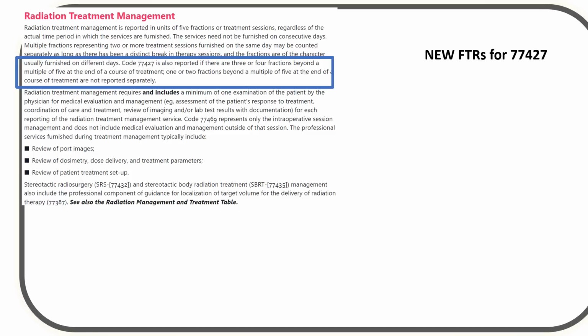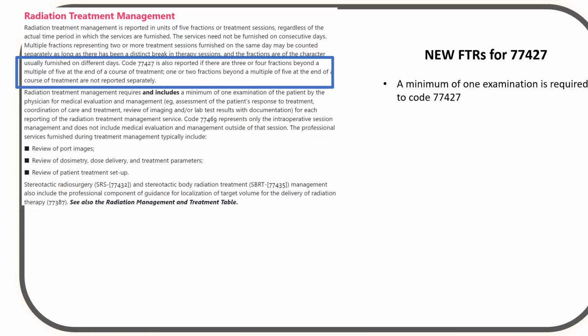It must be 3 or 4. If it's 5, you use another code; you already know that because these are reported in units of 5. But if at the end of a course of treatment you only have 1 or 2 fractions, they are not reported separately.